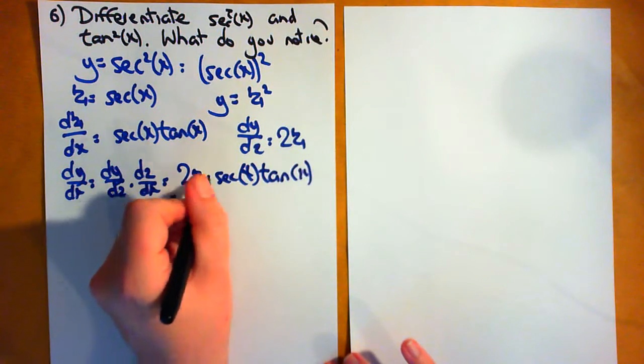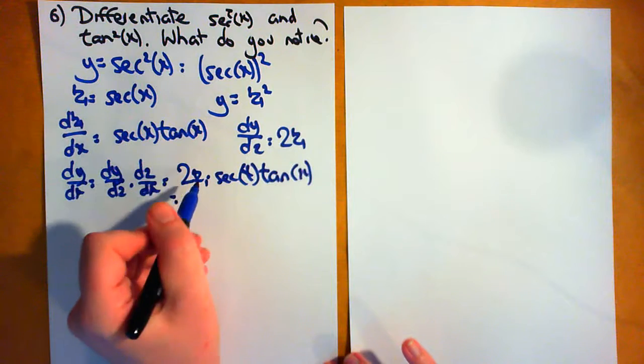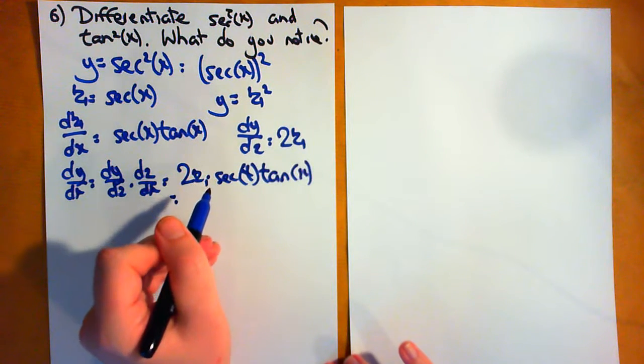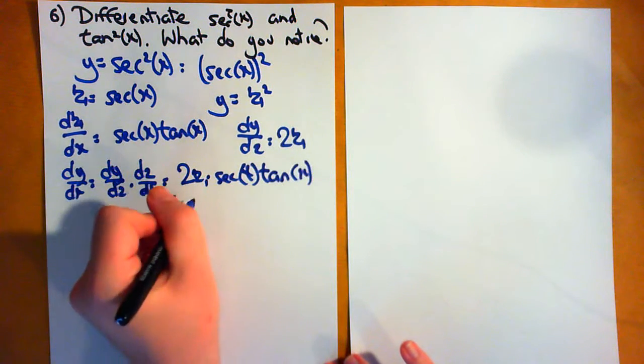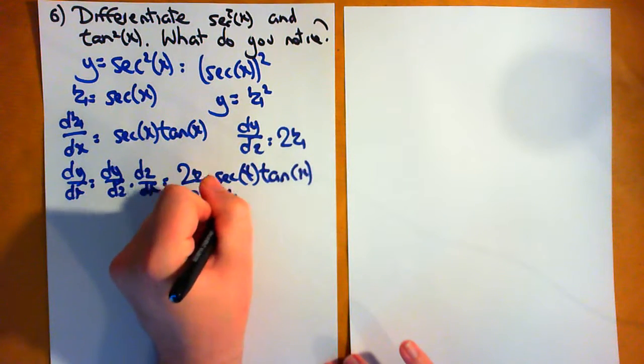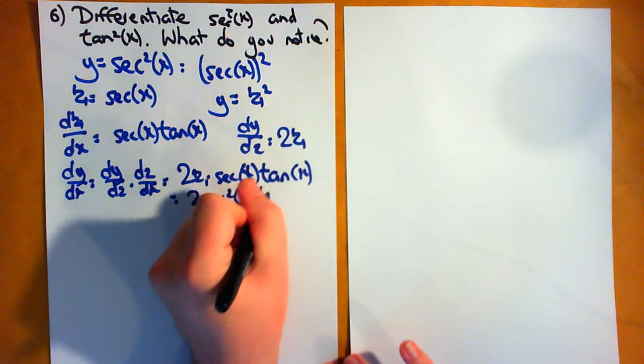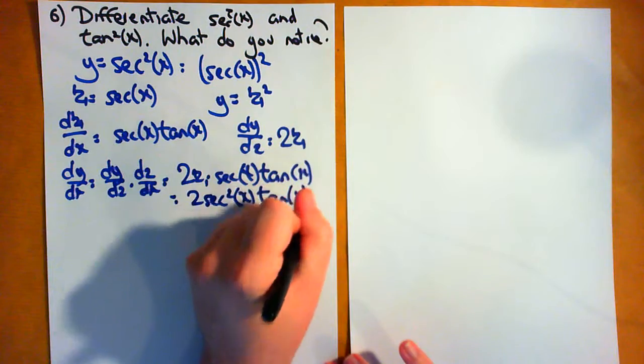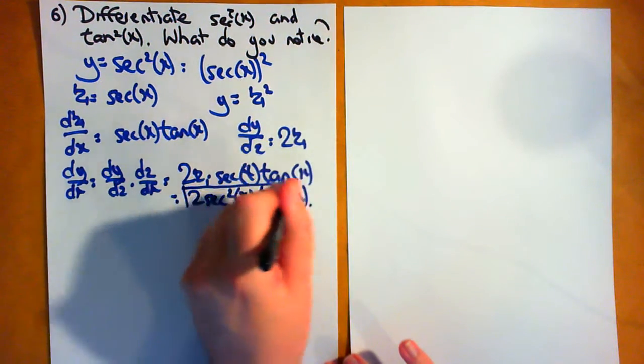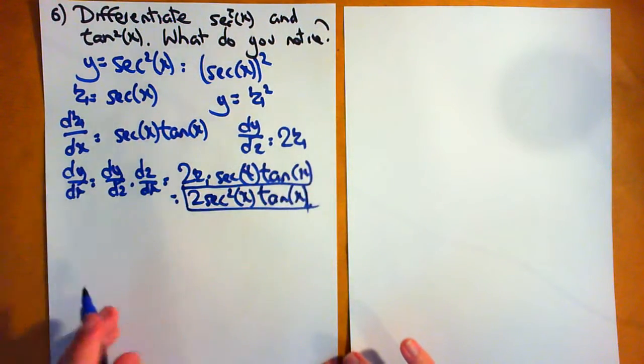And what was z? z was the secant function, so we've got 2 times sec x times sec x, so we've got 2 times sec squared of x times tan of x. Okay, so that's the first of the two functions differentiated.